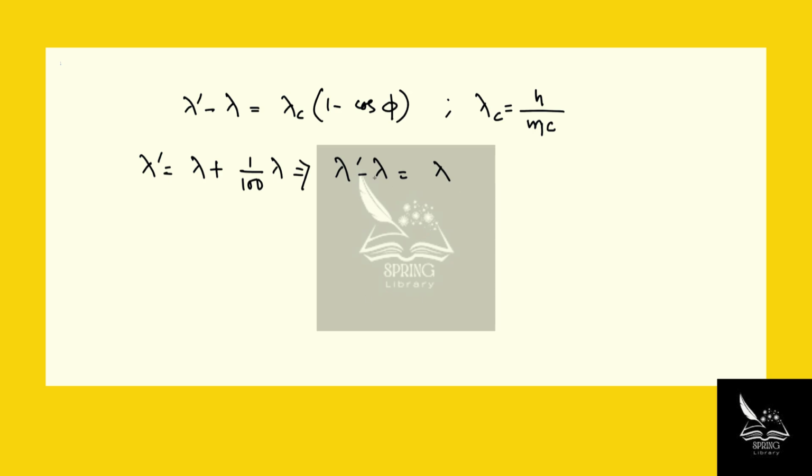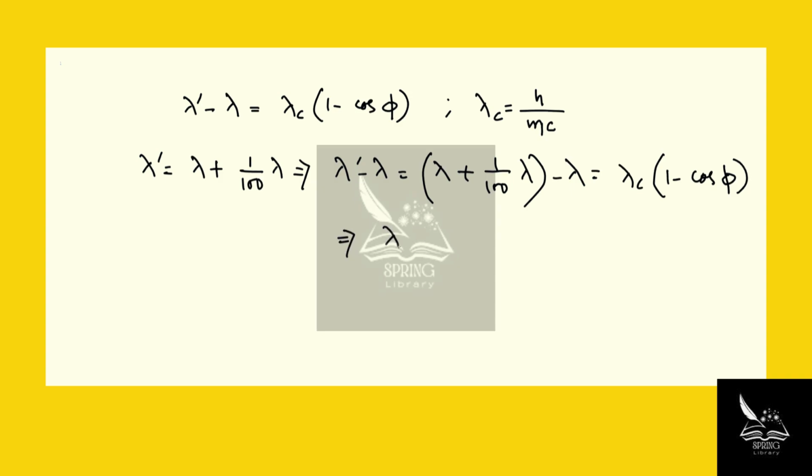So we have lambda dash minus lambda, which is lambda plus 1 over 100 lambda minus lambda, equal to lambda c times 1 minus cos phi.